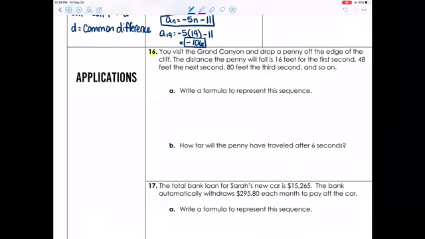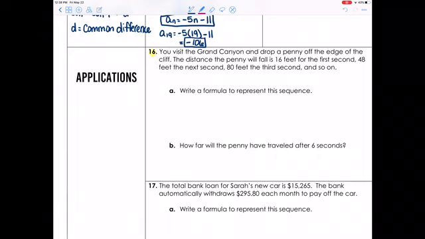All right, let's go through number 16 as an example of an application. Basically what happens with an application is you still need to identify those key pieces of information. You need to know what the sequence is, find the first term and the common difference, and then be able to interpret that. So you visit the Grand Canyon and drop a penny off the edge of a cliff. The distance the penny will fall is 16 feet for the first second.